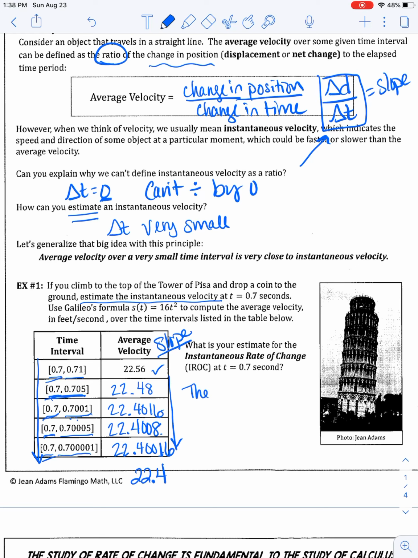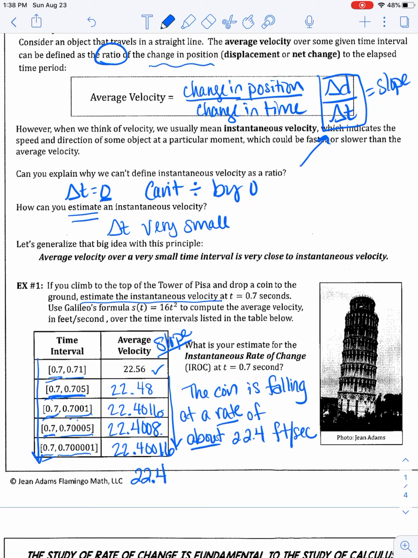So I'm going to put it in terms of this problem. We have a coin. So the coin is falling, and here's a keyword, at a rate of about, that's a keyword, 22.4 feet per second. And unfortunately, a lot of people will stop there. But this coin isn't falling at a rate of 22.4 feet per second for the whole time that it's falling.